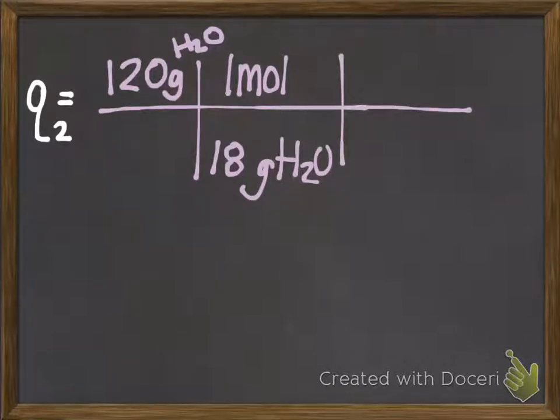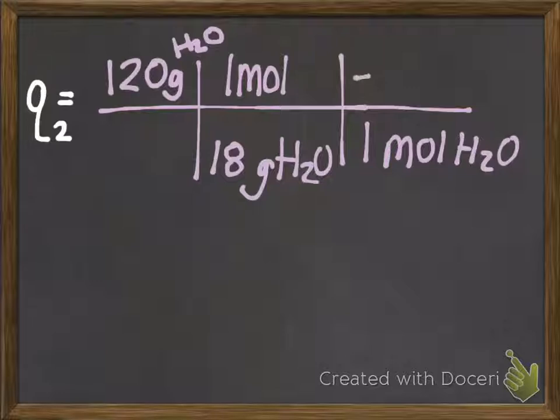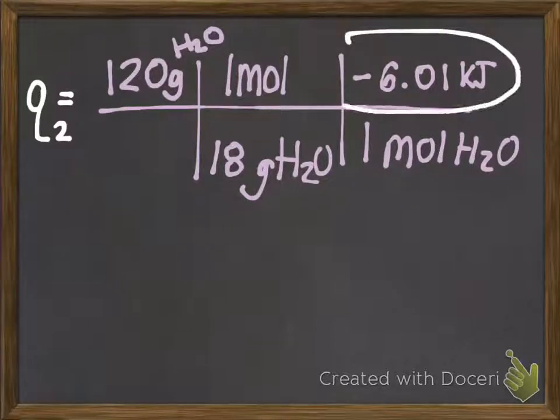There's a mole on the top, so there has to be moles on the bottom. 1 mole of H2O for every negative 6.01 kilojoules in a solid water molecule. You get this number from the table given on your problem.